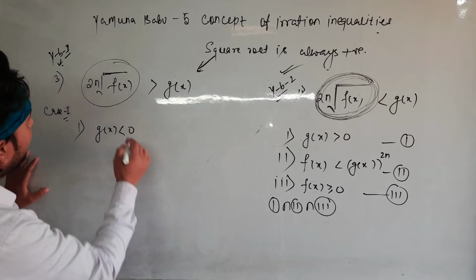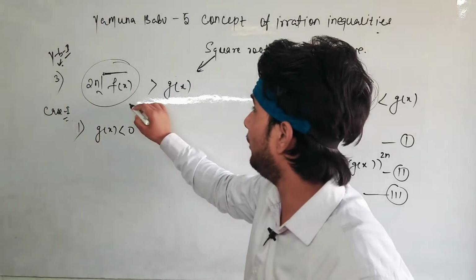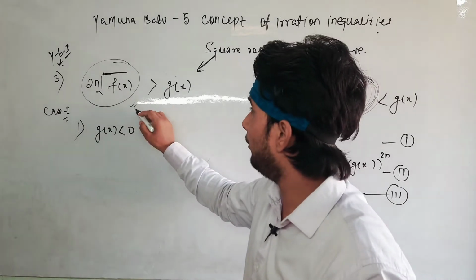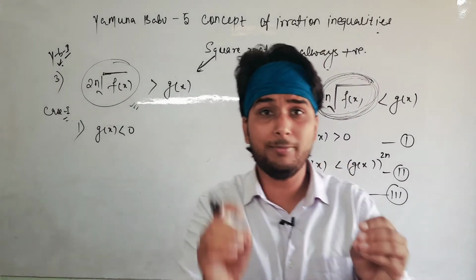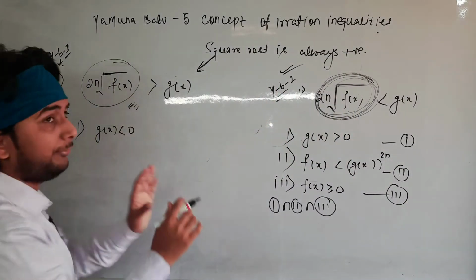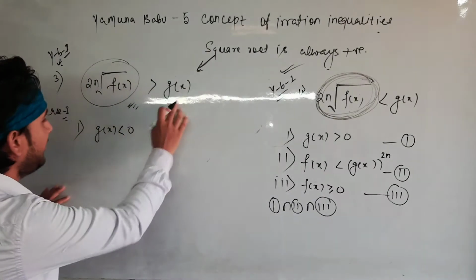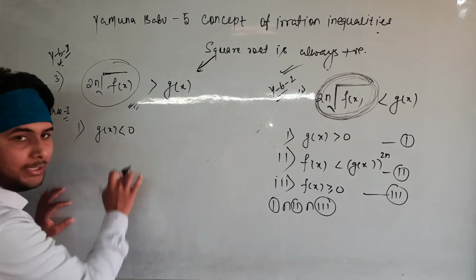Then we have to define only the square root. Because it is always true that a square root of any positive number must be greater than a negative expression.